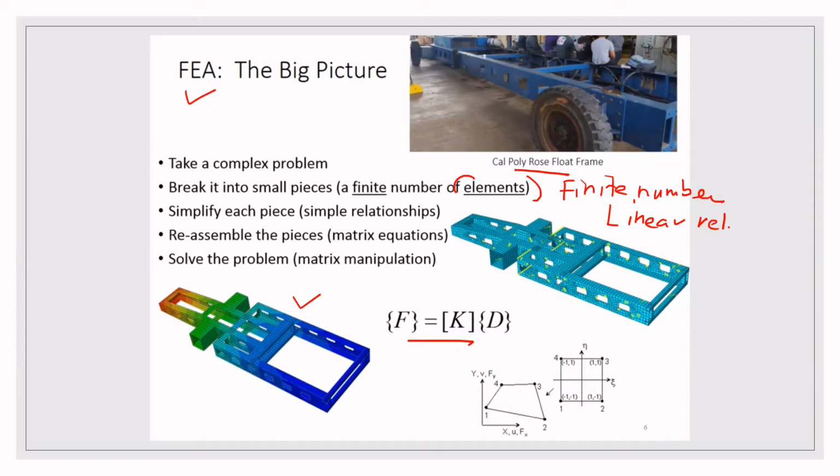And so we can say that the basic idea of a finite element analysis is we have an equation where all the forces equal the stiffness times all the displacements. And typically you know the stiffness of the materials because it is your structure, and most of the forces, but you don't know the displacements.